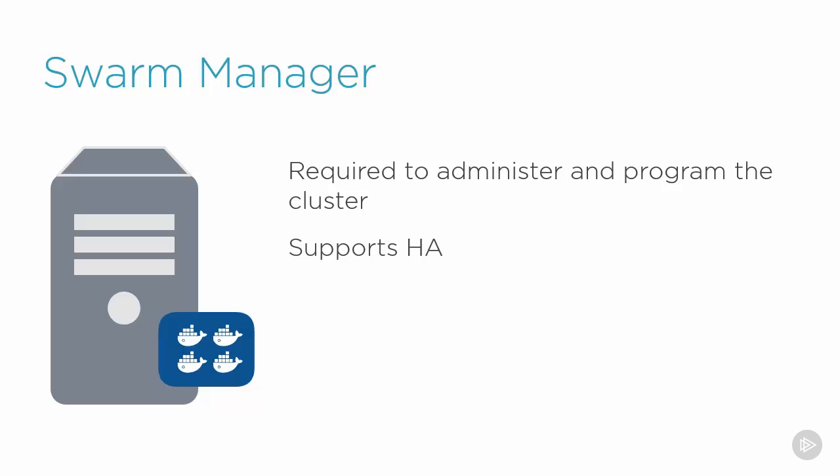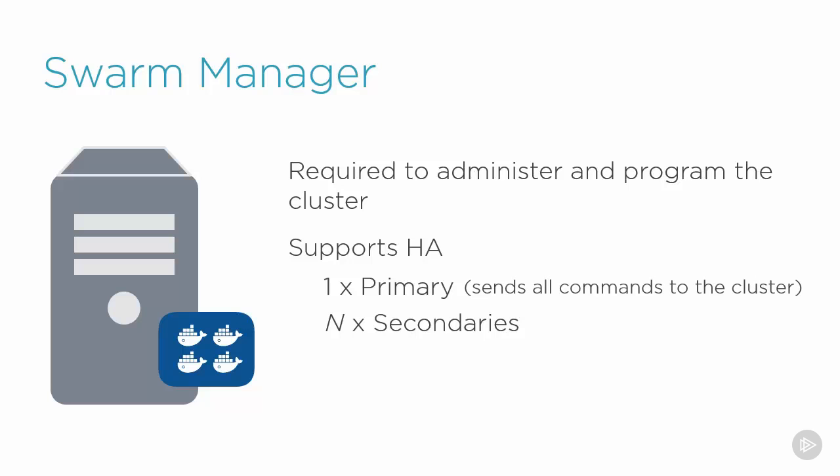Now, Swarm Manager HA works on the principle of a single primary manager, then a bunch of secondaries, or replicas as they sometimes get called. But there's only ever one primary manager, and it's the primary manager that's in charge of the cluster. So the primary is the only one that ever actually issues commands against the cluster. It's totally fine and it works to issue commands against the secondary managers, but what's happening behind the scenes is those secondaries are just going to proxy the commands onto the primary, who's going to be the one that executes them on the cluster.